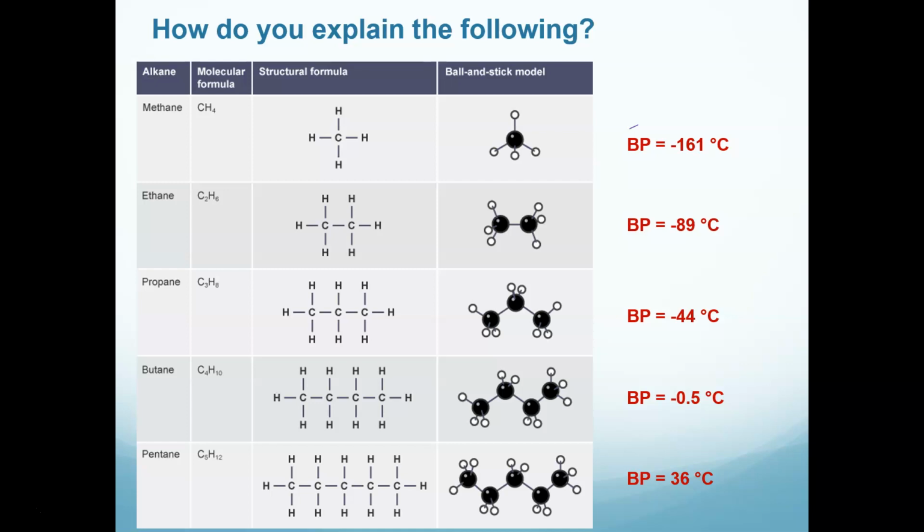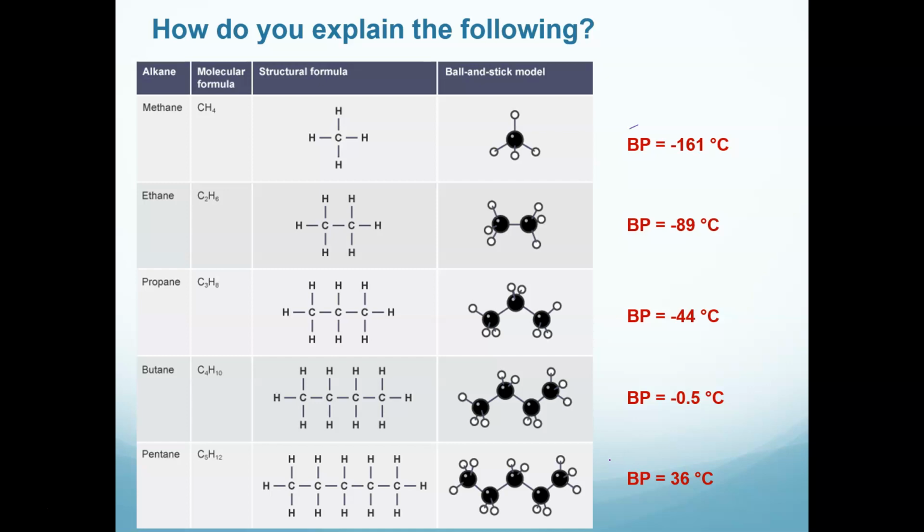So now we want to think about, well, why does this one have such a higher boiling point? And what does that mean? So a higher boiling point means it's going to take more energy in the form of heat to get that molecule to go from the liquid phase to the gaseous phase. Or it takes more energy in the form of heat to pull those molecules apart.